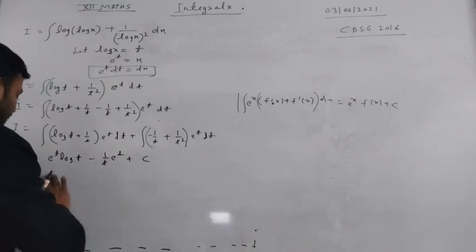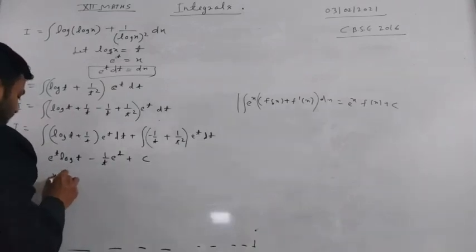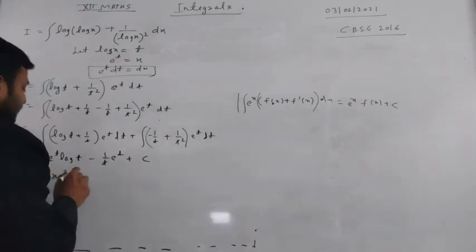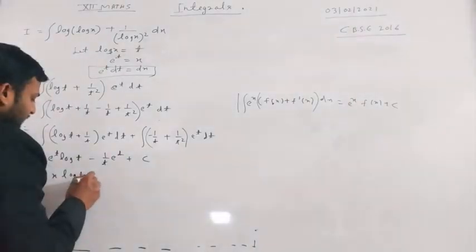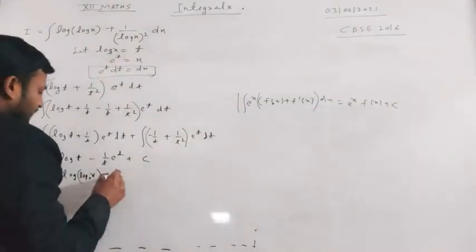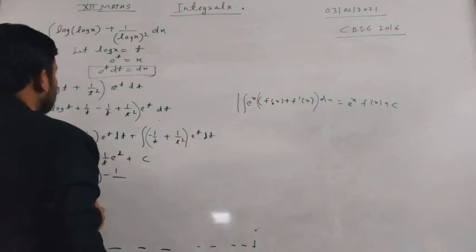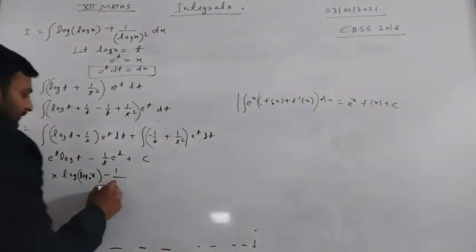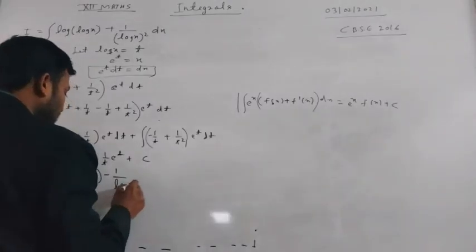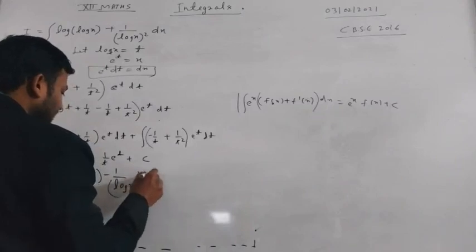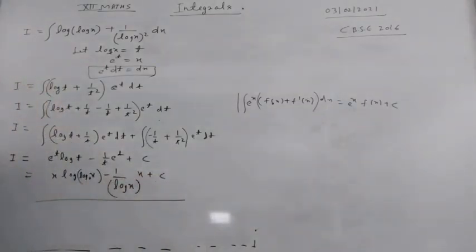Now e to the power t is x, and log t is log of x, and 1 by t is 1 by log x. So this will be our required result, which is x log x minus x by log x plus c.